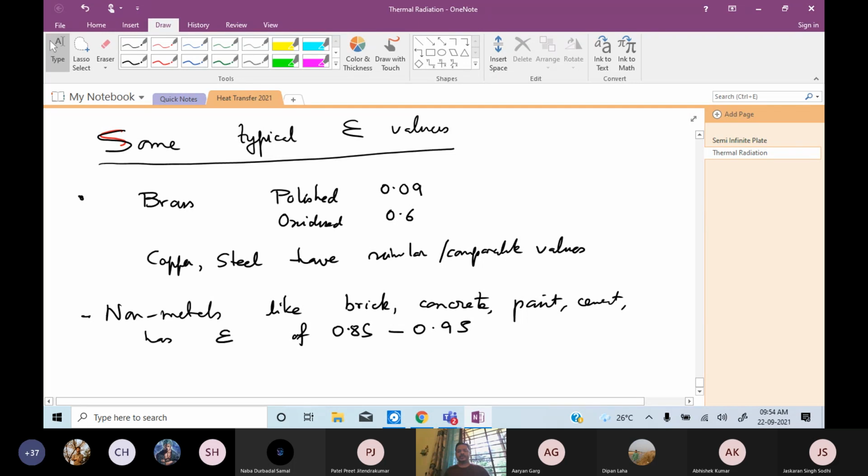Now, why I wrote about brick, concrete, paint, cement, etc. Paint, take it with a pinch of salt, most of the paints that we see around. This is because, if you are staying on a ground floor, say a one-story building like the one that I stay in right now, it gets extremely hot in summer.